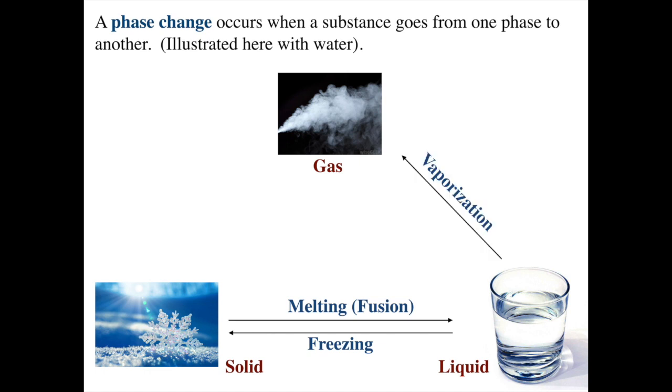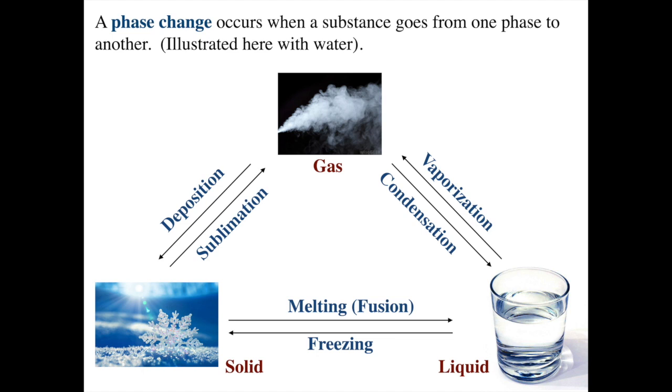If you take a liquid and turn it into a gas, that's called vaporization. The opposite would be condensation, when a gas becomes a liquid. Solid transforming into a gas is called sublimation, and the reverse, a gas becoming a solid, is called deposition.